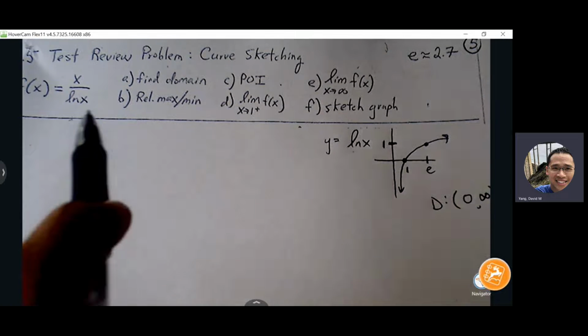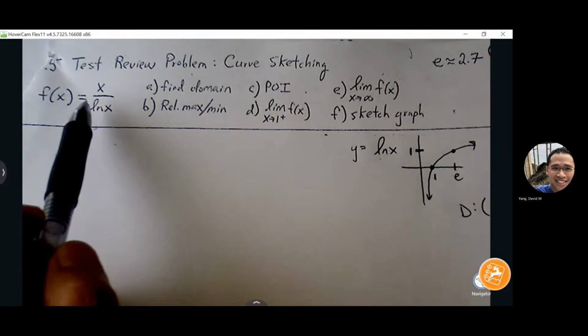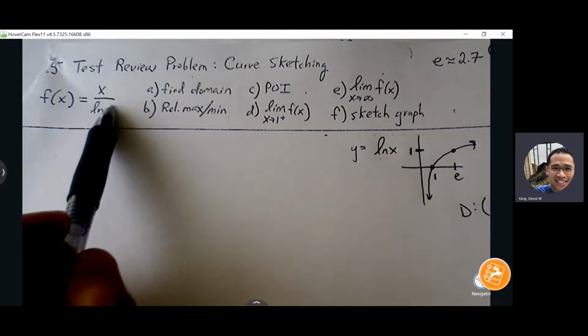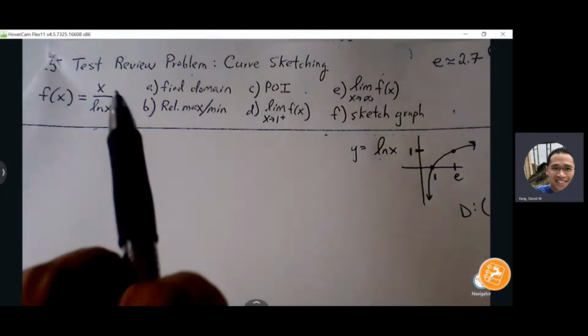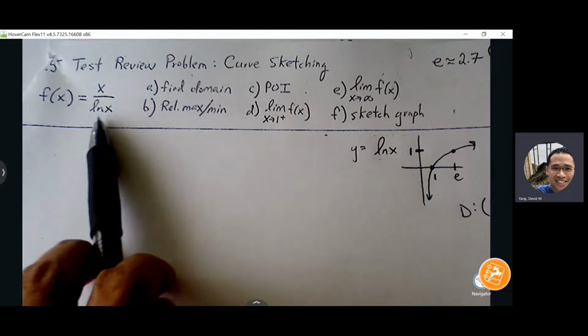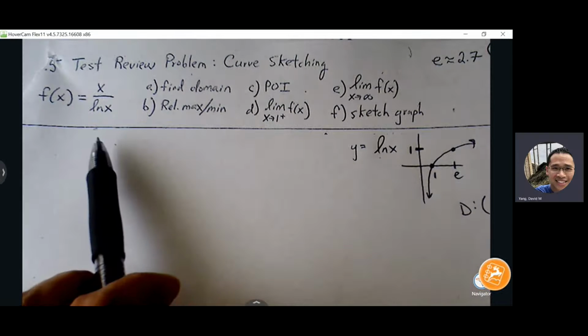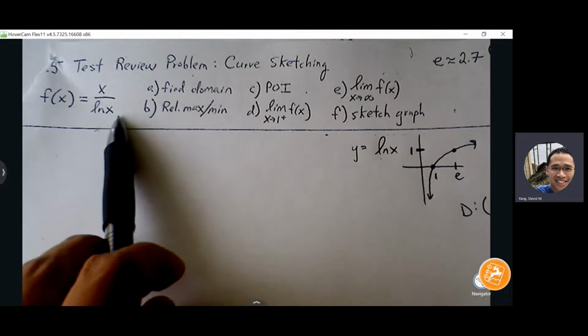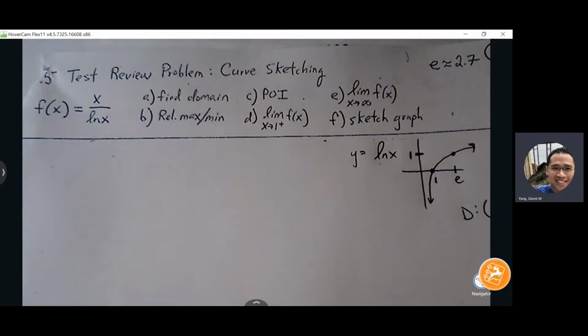But here's an additional thing. The denominator cannot be equal to what? 0, right? So is there an x value that causes natural log to be 0? 1. So that means x equals 1 is also an issue because that causes the denominator to be 0. So we have two restrictions: no negative numbers, and it can't be 1.